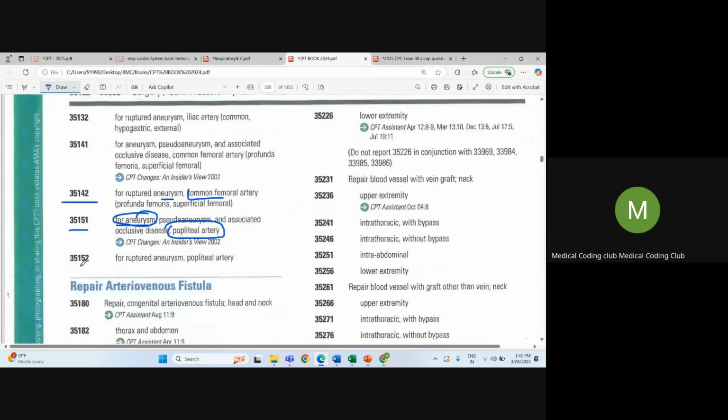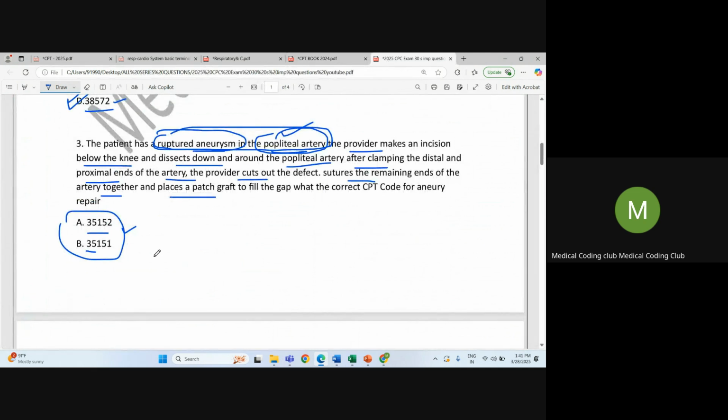So if you check 35152, here it says ruptured aneurysm of popliteal artery. So this is the correct answer. 35152 is the correct answer for this particular question. Option A is the correct answer.